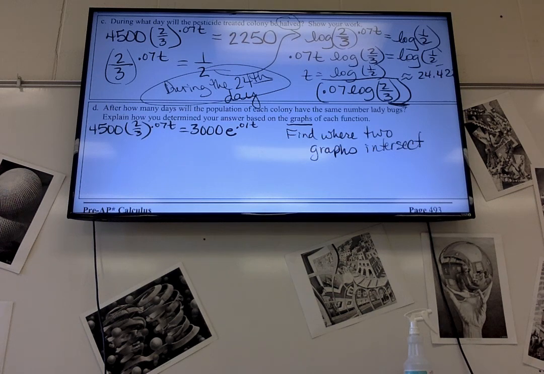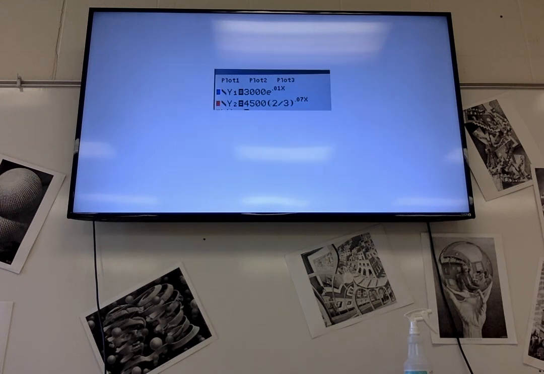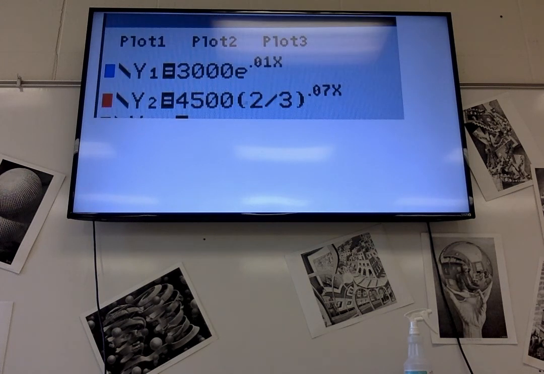Picture after I add page. Okay, so there's what it should look like.